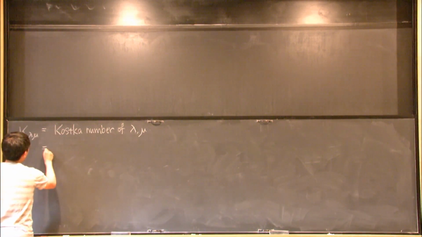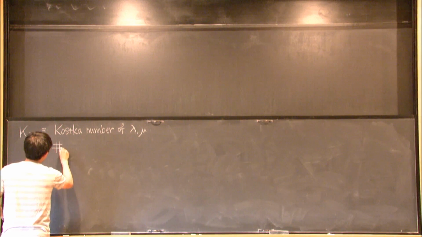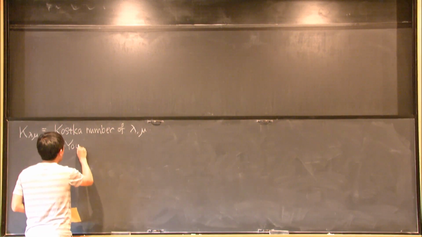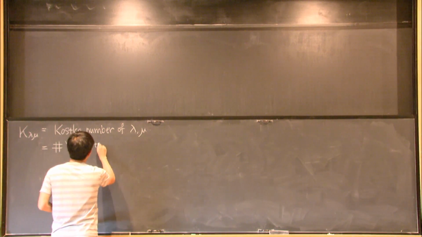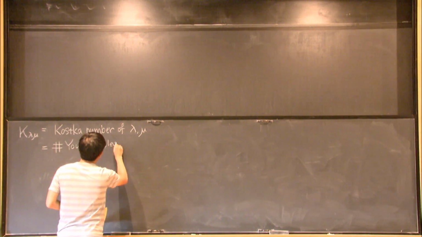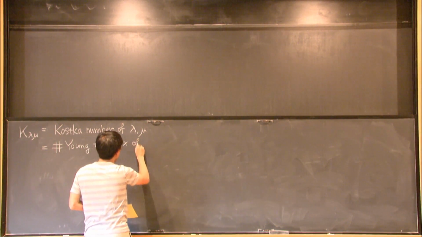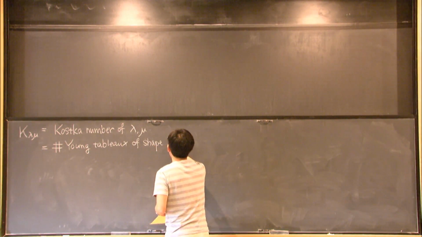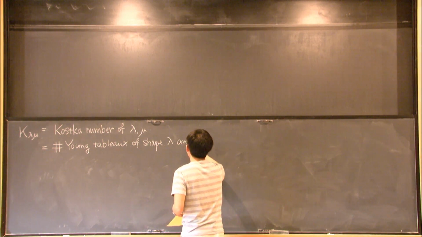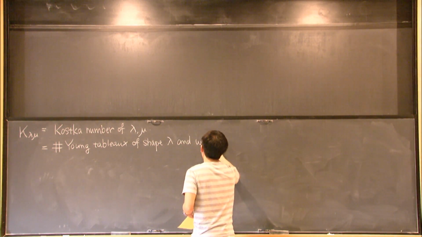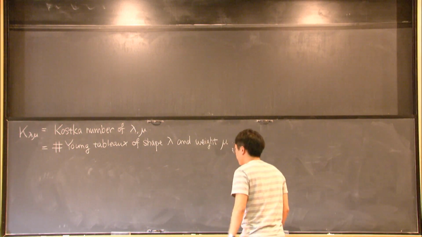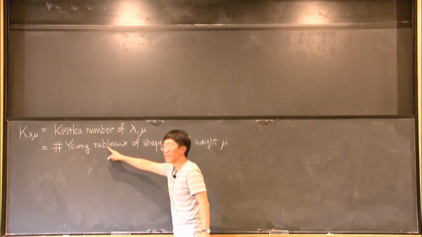And it is the count of these combinatorial objects called Young tableaux of shape lambda and weight mu, sometimes also called semi-standard Young tableaux.